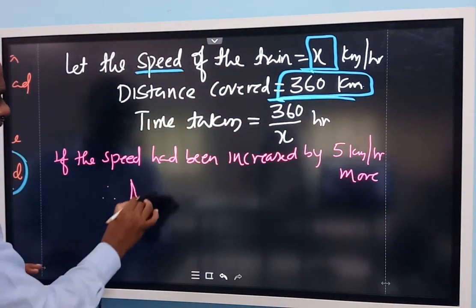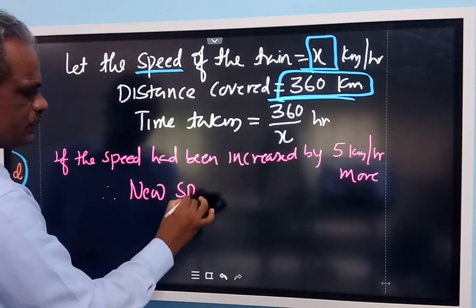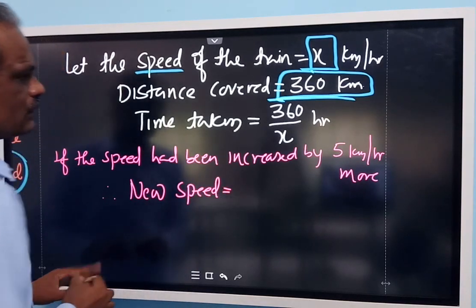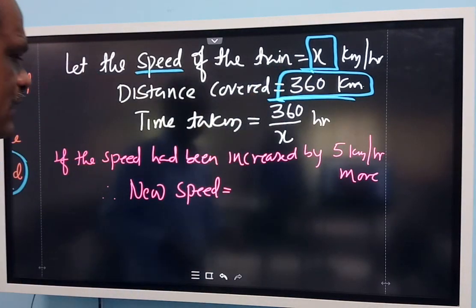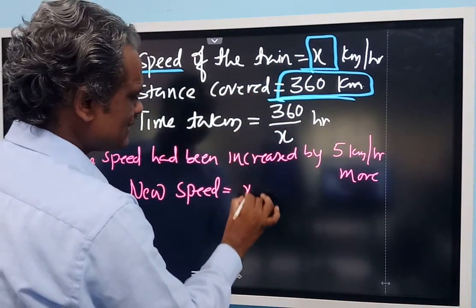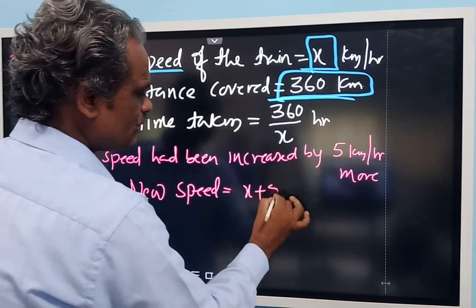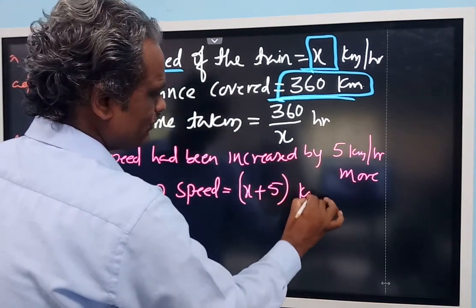The original speed was x kilometers per hour. If you increase the speed, the new speed will become x plus 5 kilometers per hour.